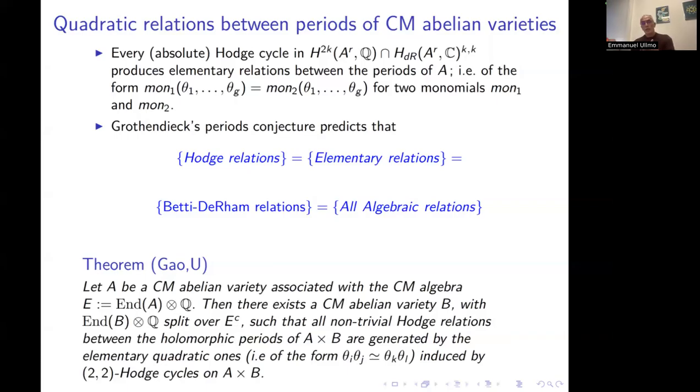So this means that you can find an example where you have an abelian variety for which there are no quadratic relations, but you can find a companion, a neighbor, and if you take the product, then the holomorphic periods are mixing in some way such that all the algebraic relations between the periods of the product are generated by these elementary relations.